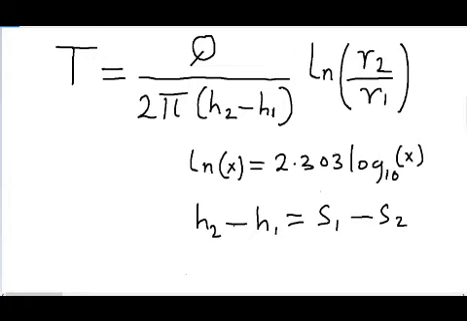The reason is because we are given the values for the drawdown. We are not given the values for h in the equation. So let's substitute it into the formula.